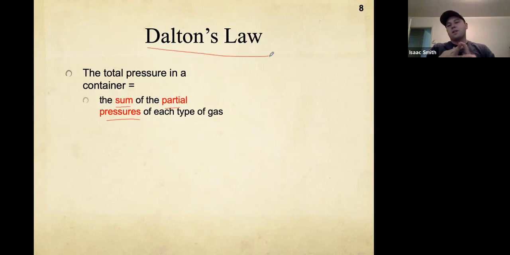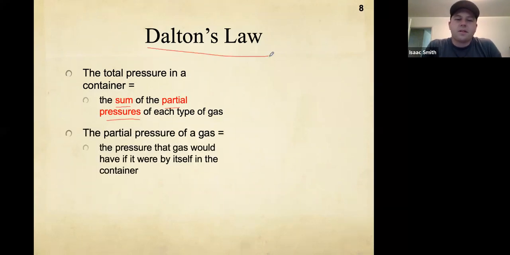Well, the 1 atmospheric pressure is a sum of all the pressures of each individual gas. You have oxygen in the air, you have nitrogen in the air. That makes up a lot of it, but then you also have other gases, carbon dioxide and different things. And so the total pressure is going to equal the sum of all of those partial pressures.